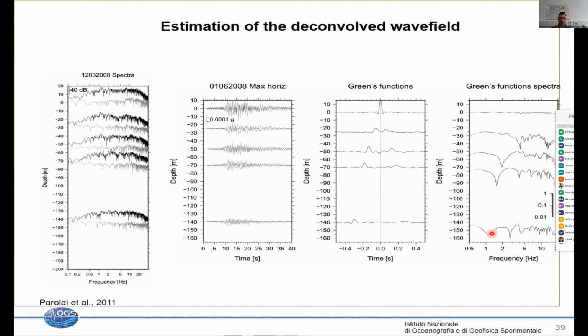What is really striking, you see, is that when you go deeper, the interference happens at low frequency. When you go to the surface, the interference goes to higher frequencies, okay? So this effect of negative interference has to be taken into account when you are analyzing borehole data for estimating site effects.